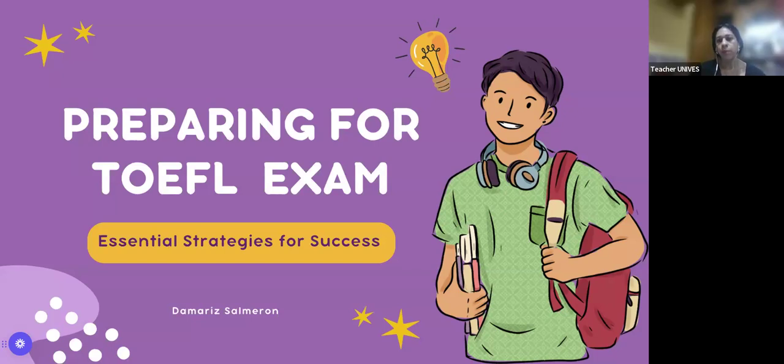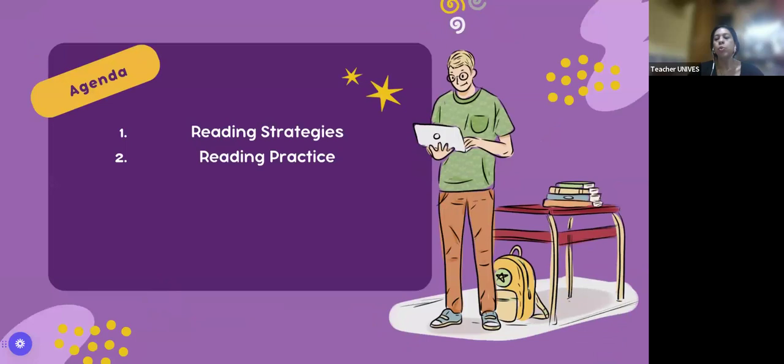I think it's better if we communicate through the chat. Let me tell you how we are going to work today. On today's agenda, we will see the final reading strategies, the last ones that I haven't shared with you.